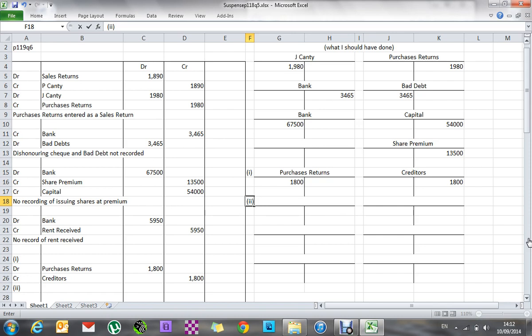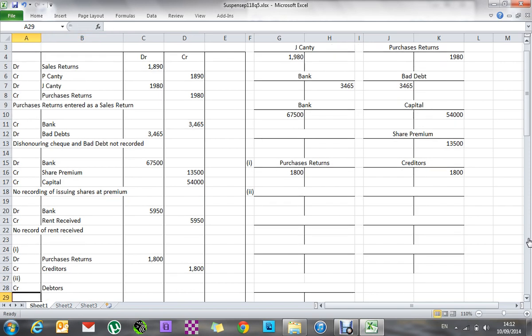So before I do what I should have done in the first place, I'm just going to cancel what we did. We put a debit of 13.2 in a debtor's account, so I'm going to go straight down here and cancel that. I put a debit in, so I'm going to put a credit to cancel that.